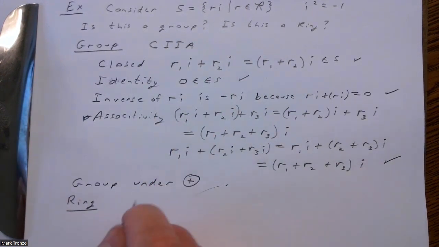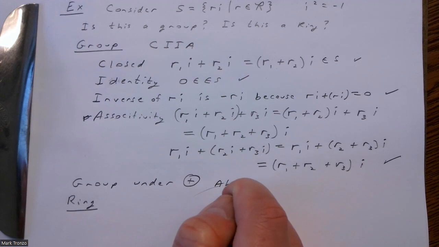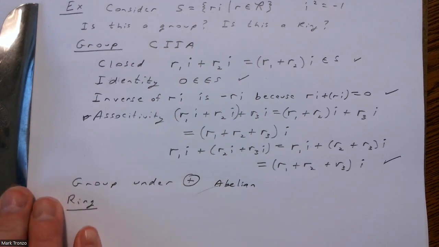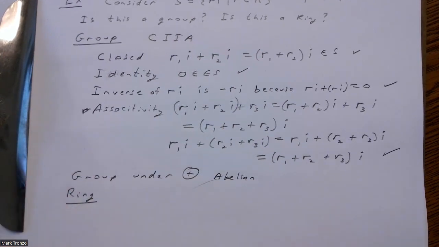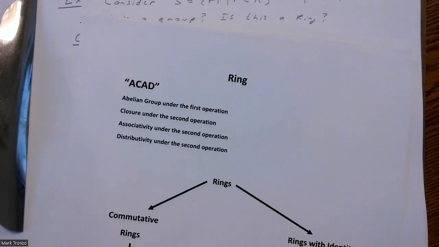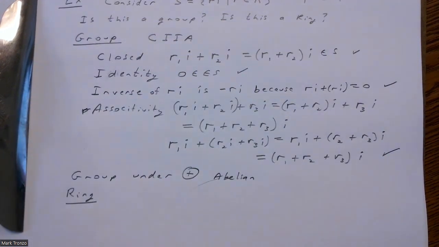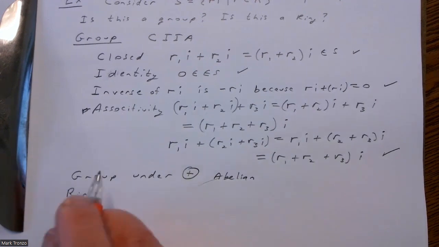And of course, you can commute real numbers. So it's a group, and it's also an abelian group. Real numbers and complex numbers, for that matter, always commute. And so we also need to check for closure under the second operation. So again, our second operation is going to be multiplication.